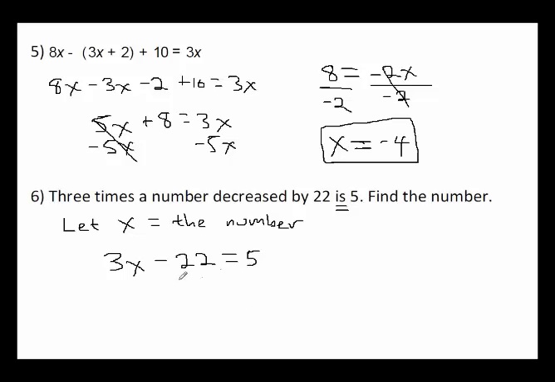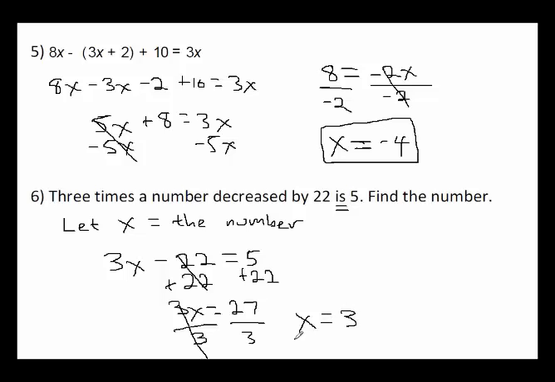This obviously is very simple. Isolate the 3x by taking the 22 out. So we've got 3x equals 5 plus 22, which is 27. Isolate the x by dividing each side by 3, and you've got x equals 9. And that's our number.